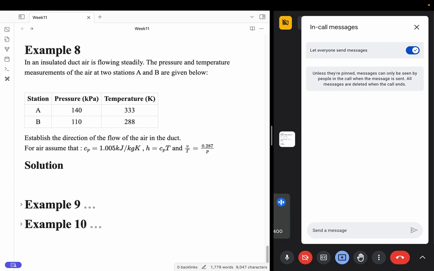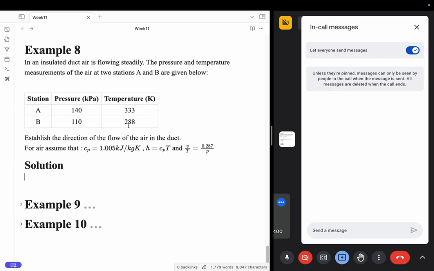Okay, so I understood you. You're basically saying since the duct is insulated, there is no net heat interaction to outside, so delta S surroundings is 0. But then internally you're assuming it to be a reversible process. Okay, let's say it is not reversible. So from station A to station B, you are moving, and within this the process is not reversible.